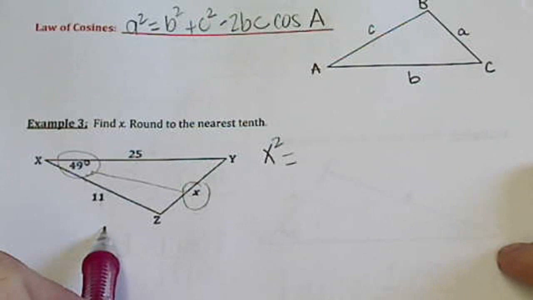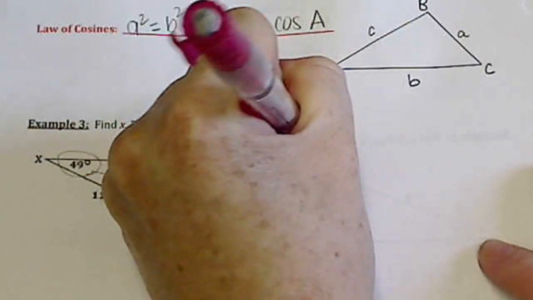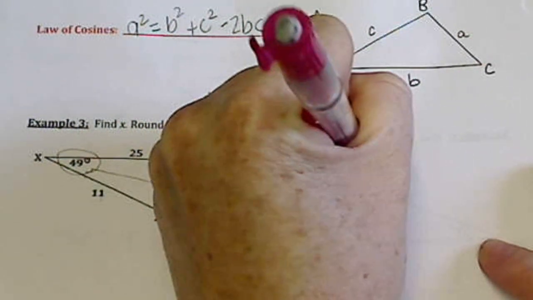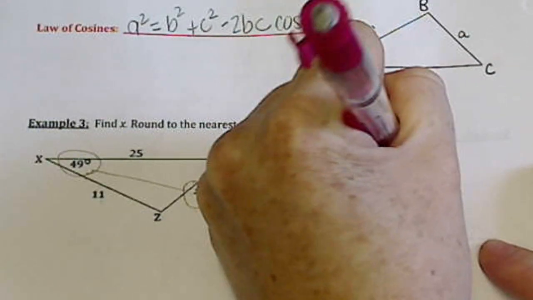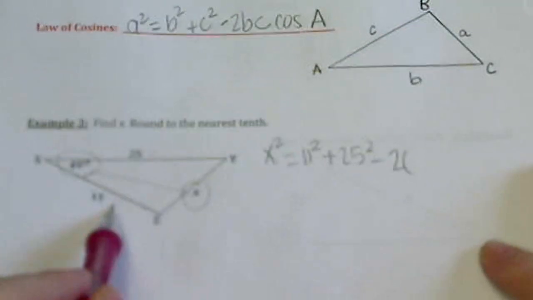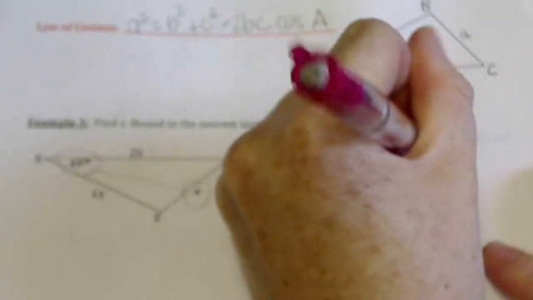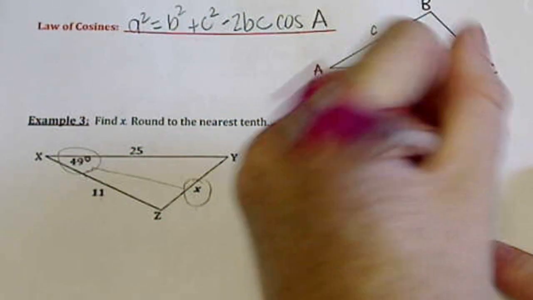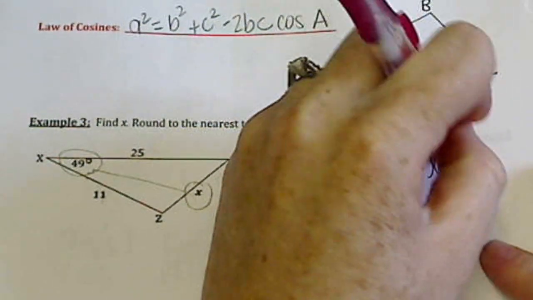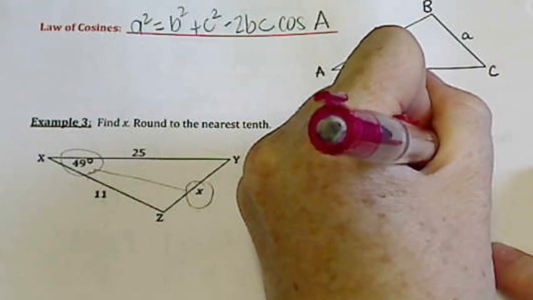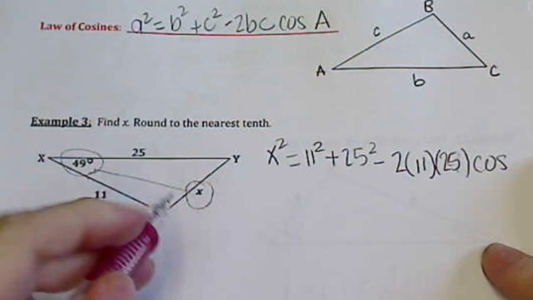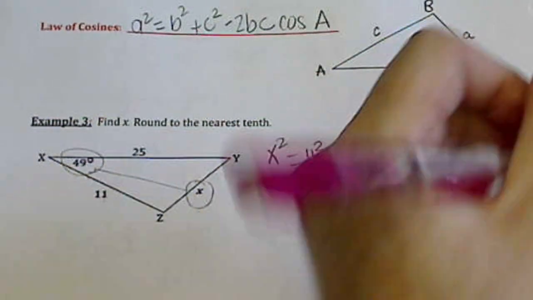It doesn't matter what order you put them in. 11 squared plus 25 squared minus 2, again, these two sides, times 11 times 25, and then the cosine of the angle opposite, cosine of 49.